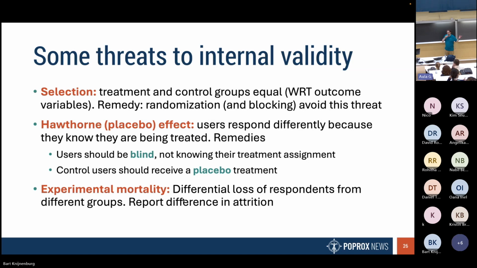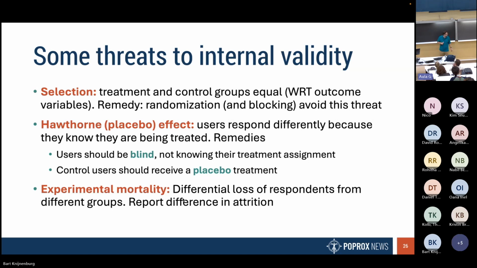So if you measure optimism at the end of that study, you would think that the people who got the happy news are more optimistic, but the people who didn't drop out of the gory news condition are probably very inherently optimistic, right? So now the mortality actually affects your outcome variable.